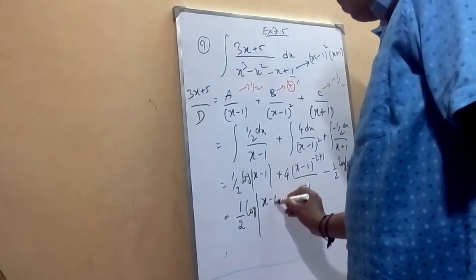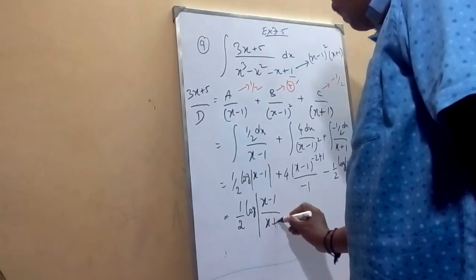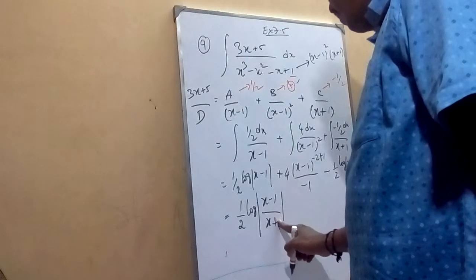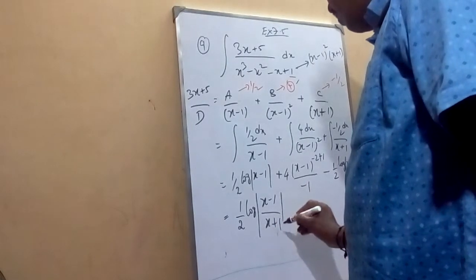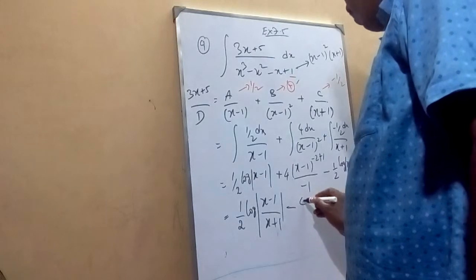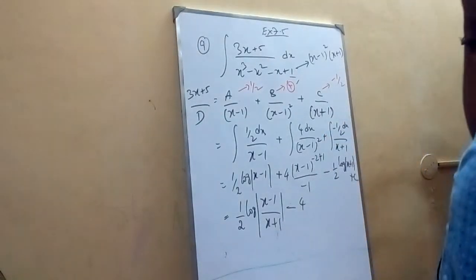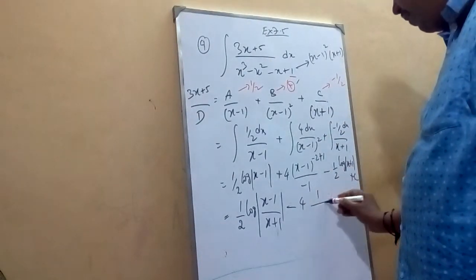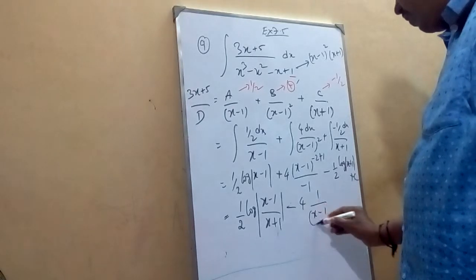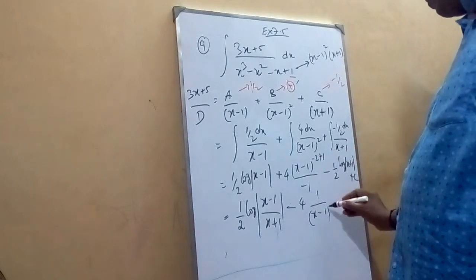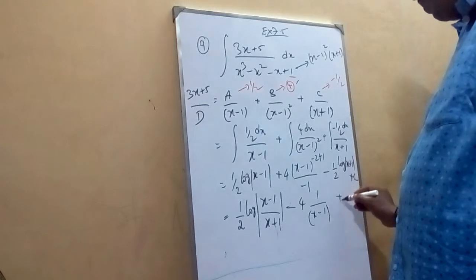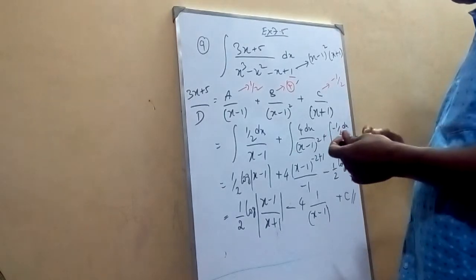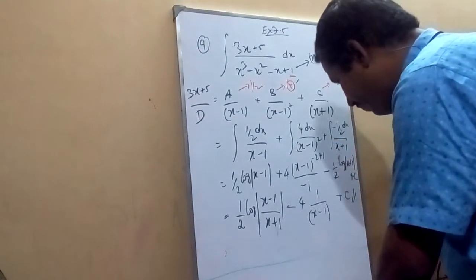So x minus 1 by x plus 1, minus 4 times 1 by x minus 1. This is power minus 1, hence it is minus 1 plus c. This is the answer. So I think the book answer is correct.